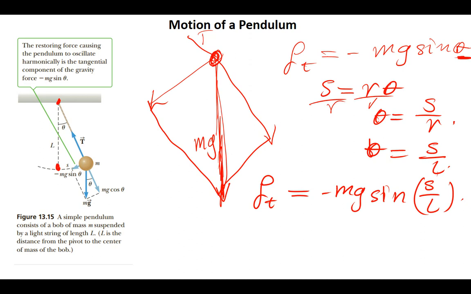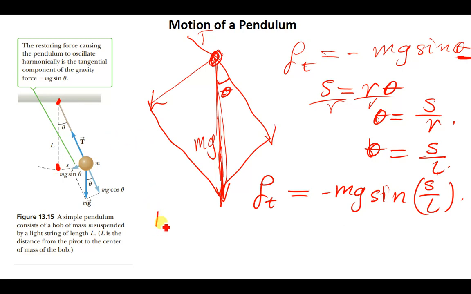So now when you are dealing with a pendulum, we always consider that this theta here is a very small theta. We take the thetas to be less than 15 degrees. Let's say for instance you have 10 degrees.